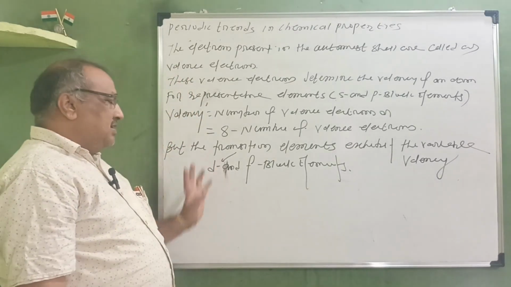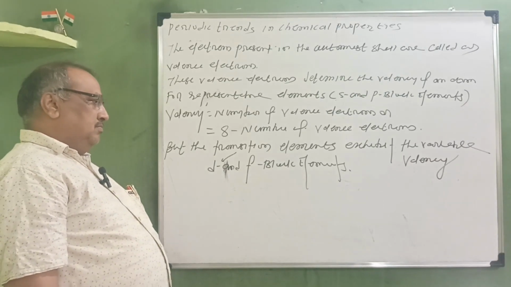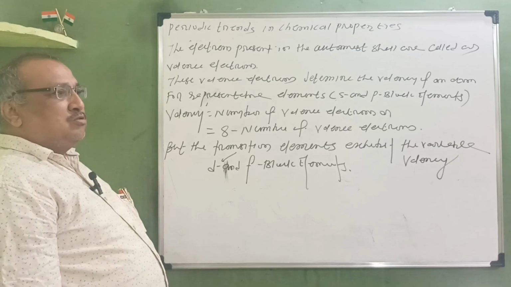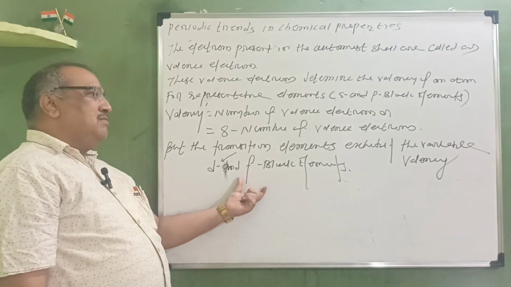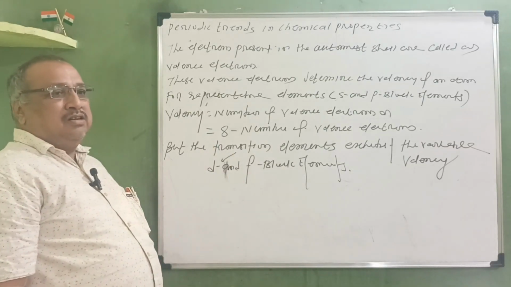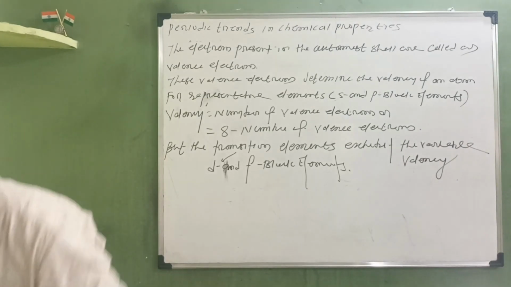D block elements are called as transition elements, and F block elements are also called as inner transition elements because F block elements are present inside the D block elements.